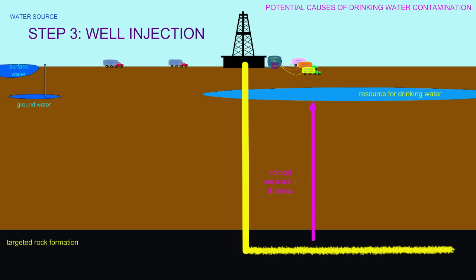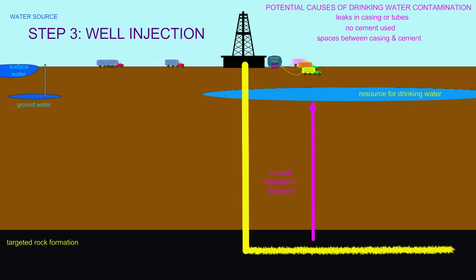So, for example, there may be cracks in the casing or tubing which is used, which would liberate materials into the drinking water. There may be no cement used, and thus there would be spaces between portions of casing through which chemicals may be released.